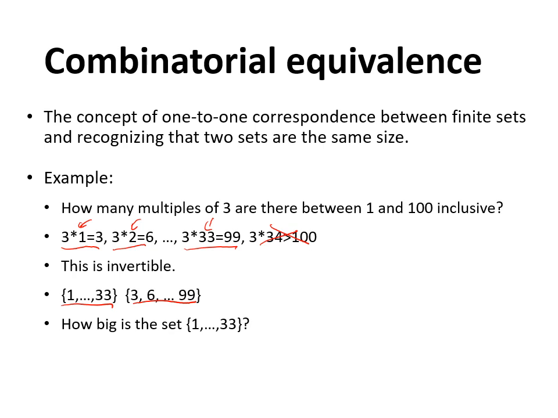So the question is, how big is this set? Well, it's trivial to see that there are 33 elements in this set, and that's the same number as the number of elements in this set. So these 2 sets are combinatorially equivalent. They have the same number of elements. But arguably, the first one is a little bit easier to count. And so by counting the elements in the first one, we can determine the number of elements in the second one, which is what we use combinatorial equivalence for.